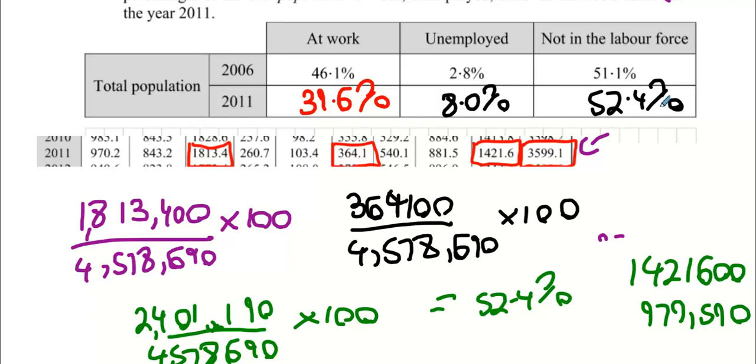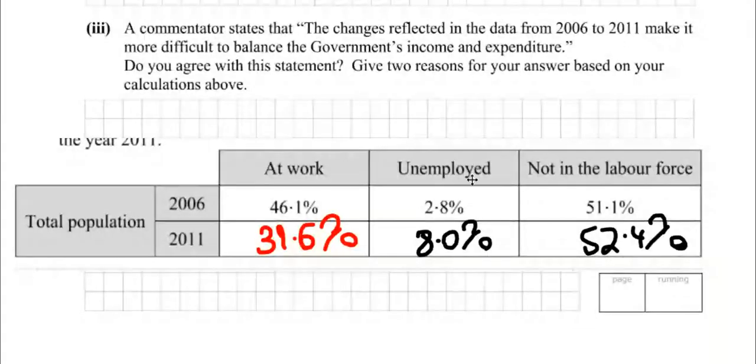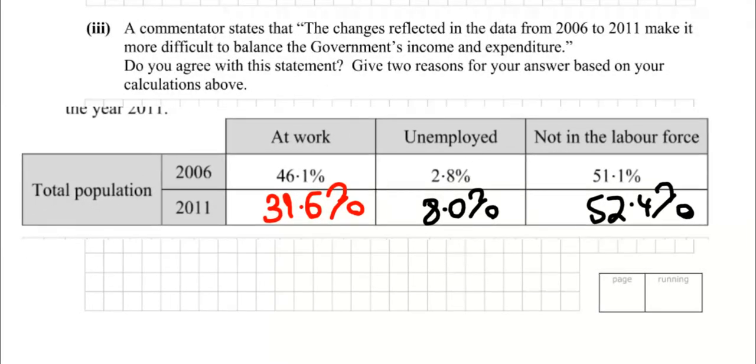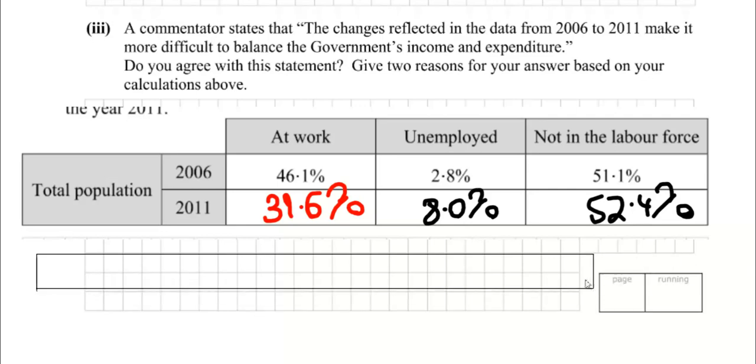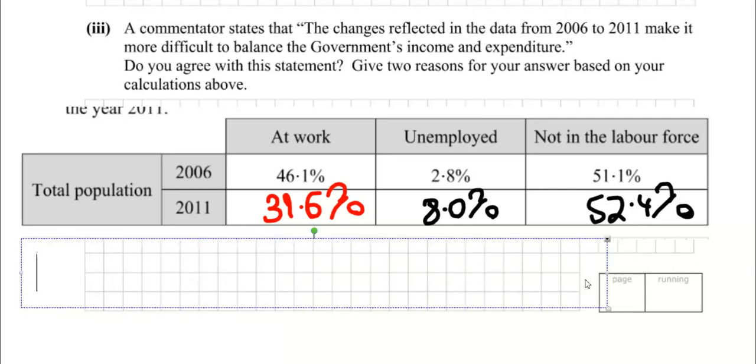Isn't that right? So we're going to use these stats to come up with an answer for ourselves. Now I think that because the percentage of people at work is going down, that would make it more difficult. Yes, because you're going to have more people seeking unemployment, so where you spend your money is going to change.